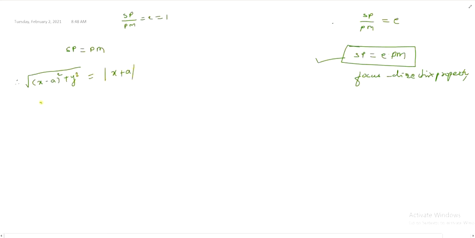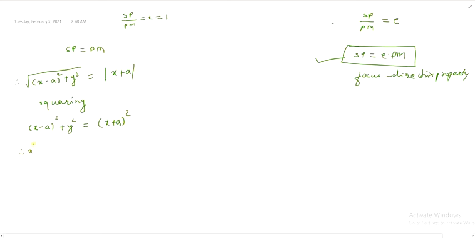So to remove the square root and modulus sign, we have to square both the sides. So squaring both the sides, the square cancels the square root and we get only x minus a bracket square plus y square, and due to the square, the modulus sign gets removed.